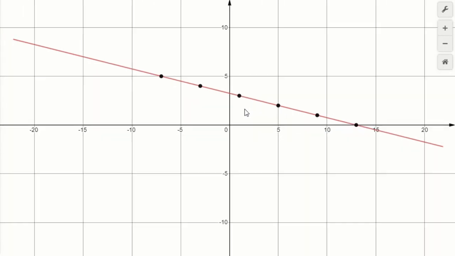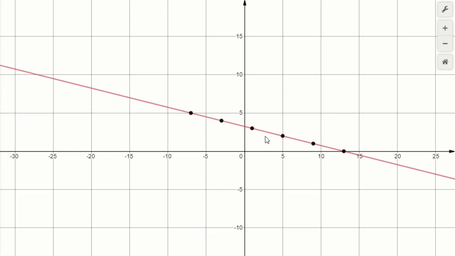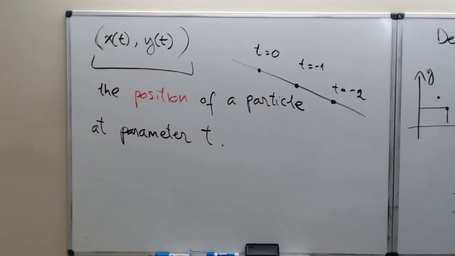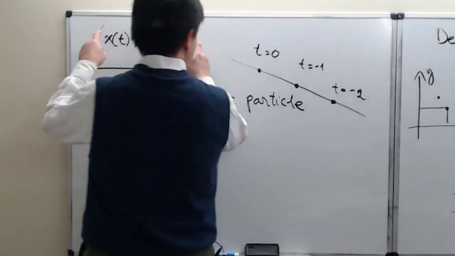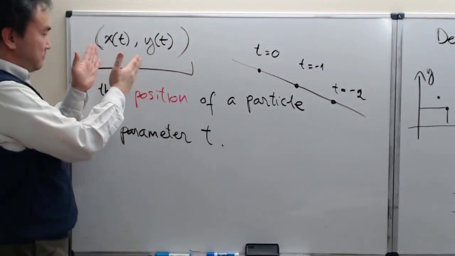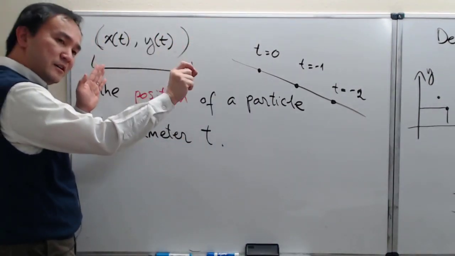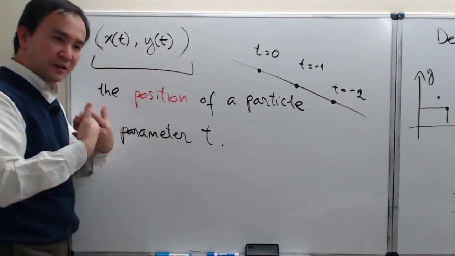Now let me zoom in further. The benefit of using parametric equations here is that these points represent the position of a particle, as I mentioned earlier. Any of these values represents the current position of a particle in motion.